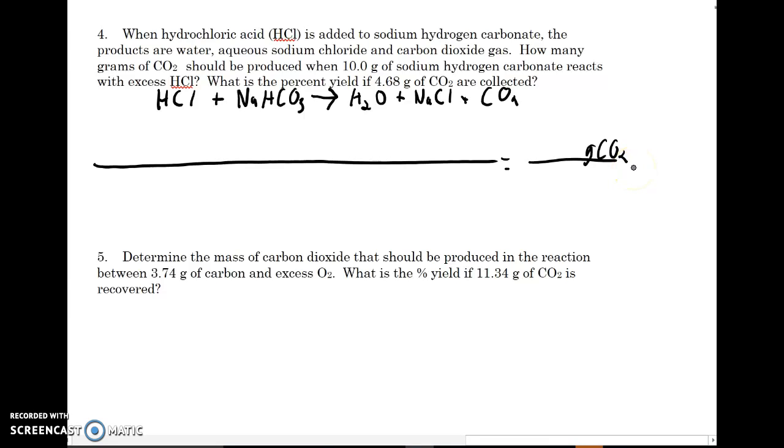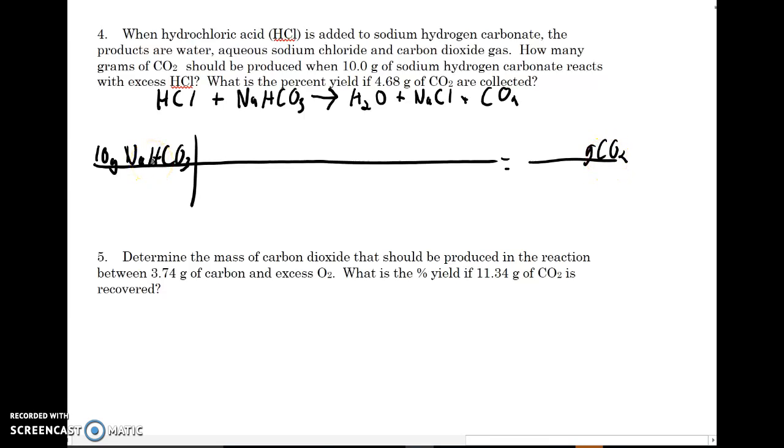All right, so now that I know where I'm going, I can identify my starting point, and that's 10 grams of sodium bicarbonate or sodium hydrogen carbonate. All right, now I need to get into my conversion factors. So I'm going to make a mole ratio between CO2 and NaHCO3.